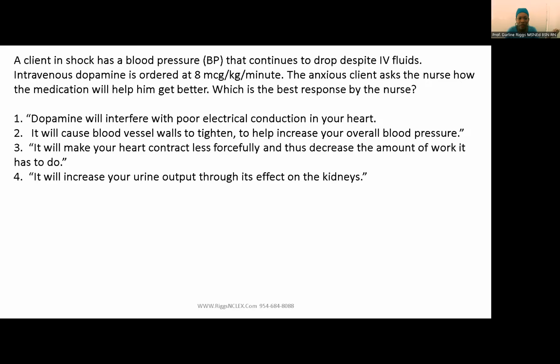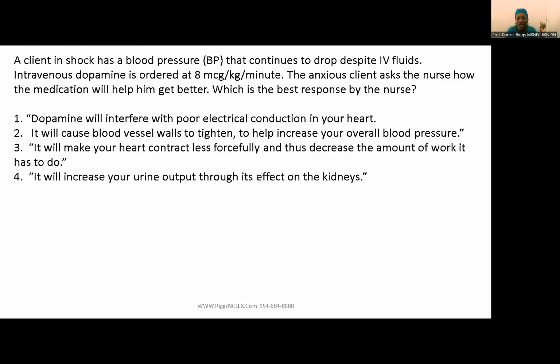So is it one, dopamine will interfere with poor electrical conduction in the heart? And you see how you need to know how other drugs work too, because that's what they're doing here. They're giving you the ways of how other drugs work, but you need to know how your alpha and beta adrenergic works. Is it two?